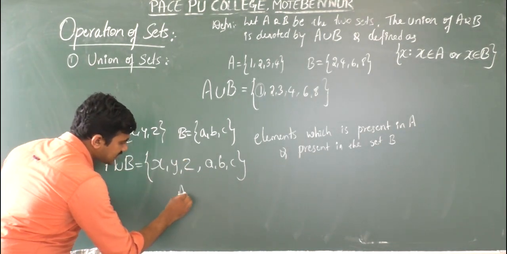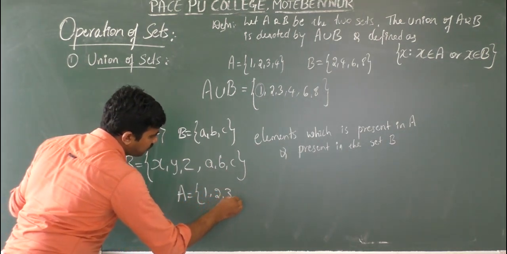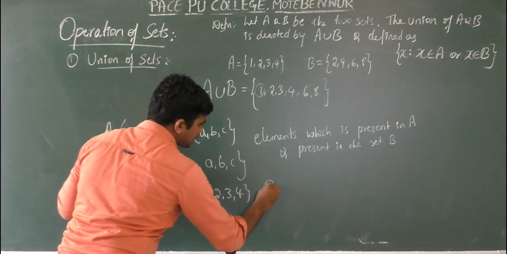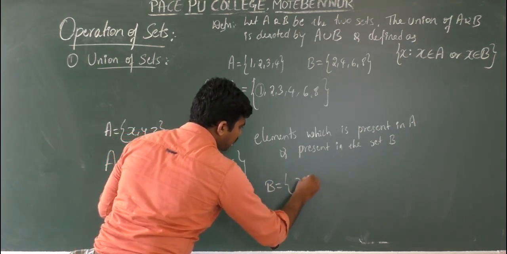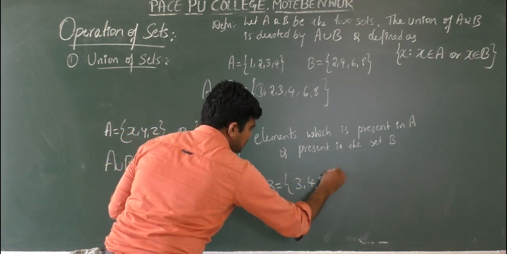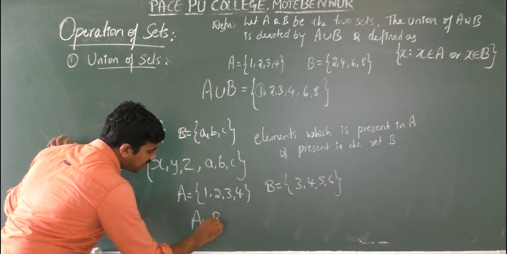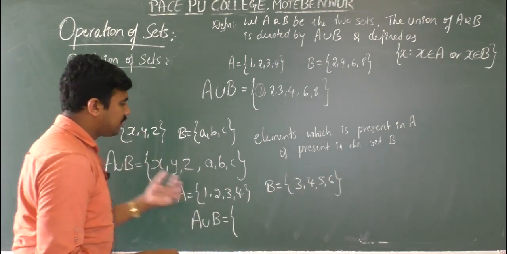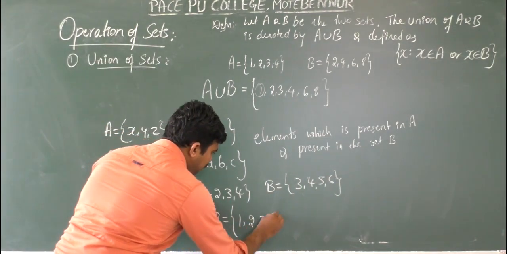Now, A is equal to set of all 1, 2, 3, 4, and B is equal to set of all 3, 4, 5, 6. What is A union B? A union B is equal to collect all the elements of A, that is 1, 2, 3, 4.